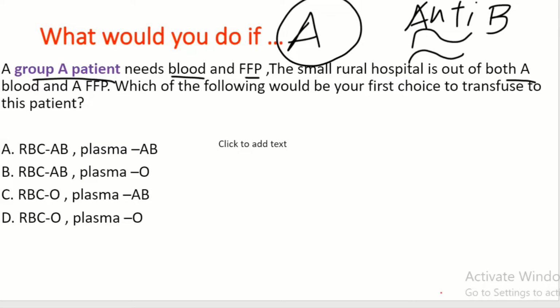It means you must transfuse RBCs that lack B antigens and you must transfuse plasma that lacks anti-A, because as you know, you must transfuse RBCs that lack the antigens corresponding to patient antibodies and transfuse plasma that lacks antibodies corresponding to the patient antigens.